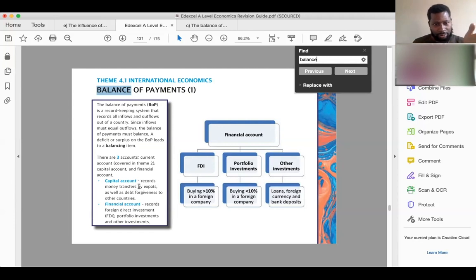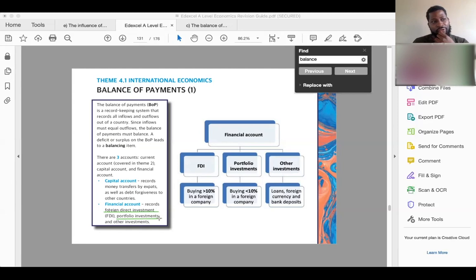If it's the financial account, that's simply a record of all the FDI the country makes, so foreign direct investment, as well as portfolio investment. You tend to find this being done by governmental departments.